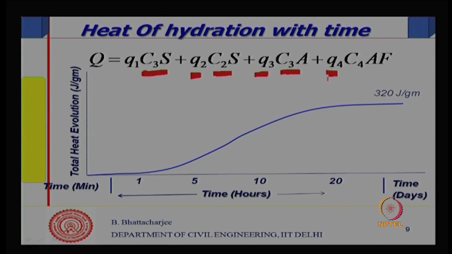Q4 is the heat of hydration of C4AF and its quantity. You can sum this up to find the total heat evolution at any stage, or even the complete heat of hydration. I gave you earlier the quantity of heat liberated per unit mass from C3S, and similarly from C2S, C3A and C4AF.